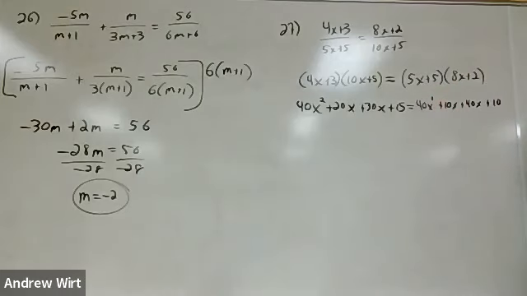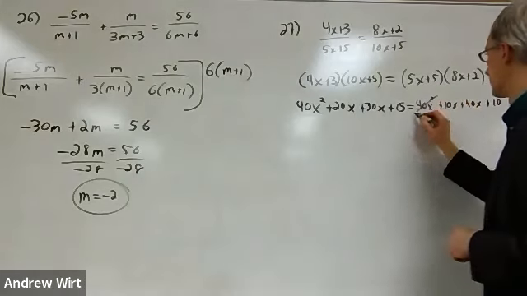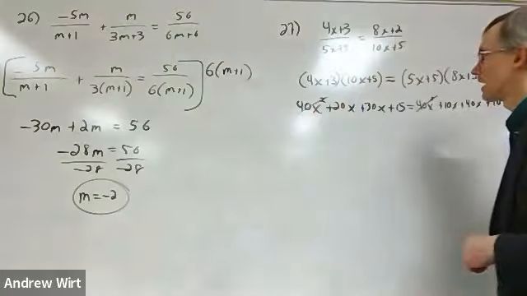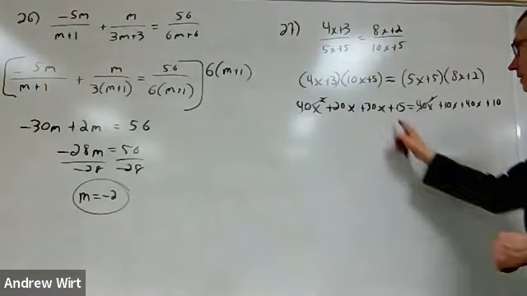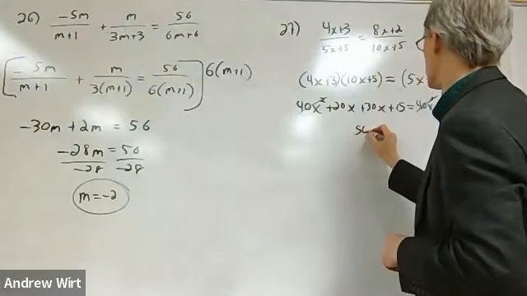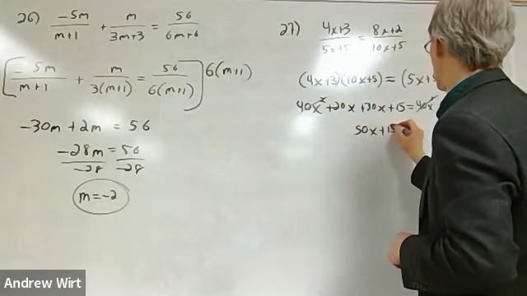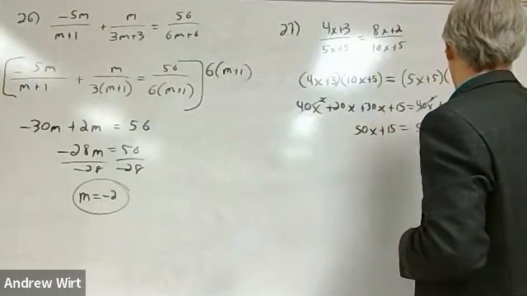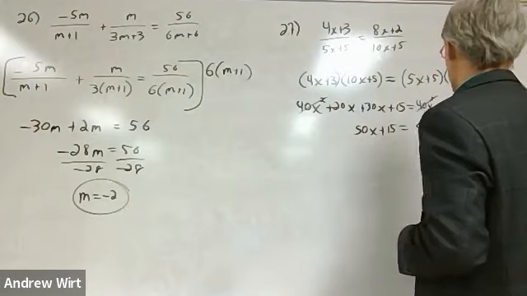Now notice our x squared terms are equivalent, so we can subtract those from both sides and those go away. And we can combine like terms here. So we got 50x plus 15 equals 50x plus 10.